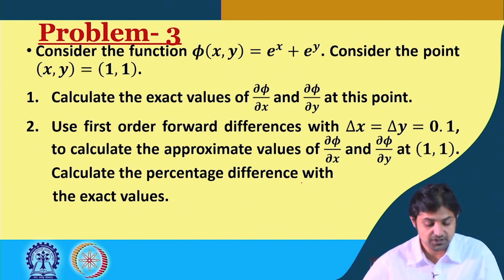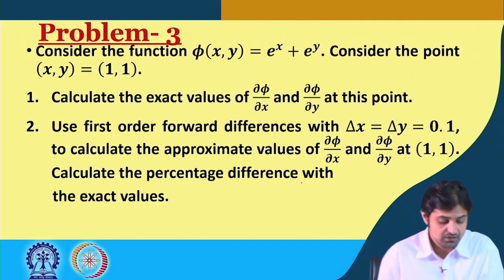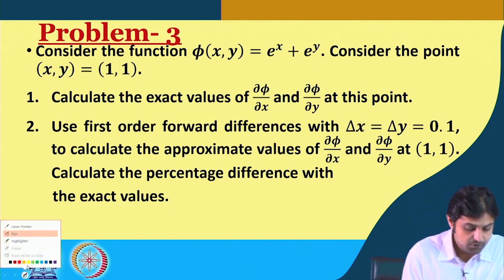Secondly, use the first order finite difference with delta x is equal to delta y is equal to 0.1 to calculate the approximate values of del phi by del x and del phi by del y at 1 comma 1, and calculate the percentage difference with exact values. So this is the application of all the things that we had done in the last lecture. Okay, and this will be a good way to understand.